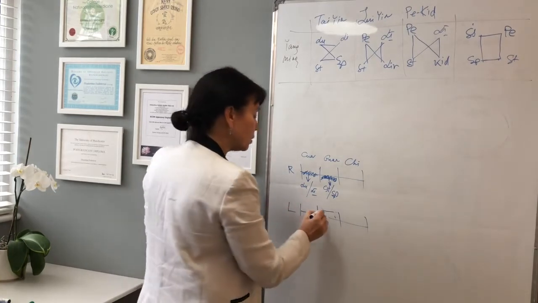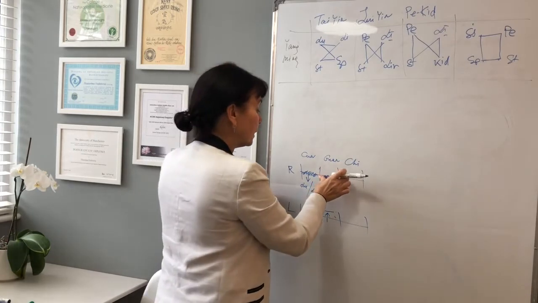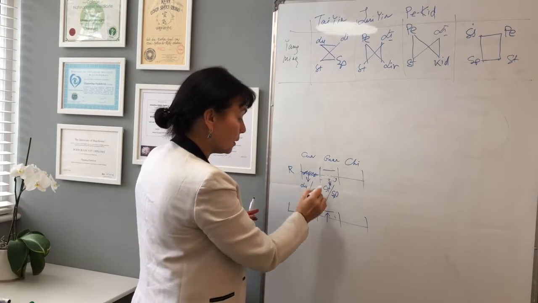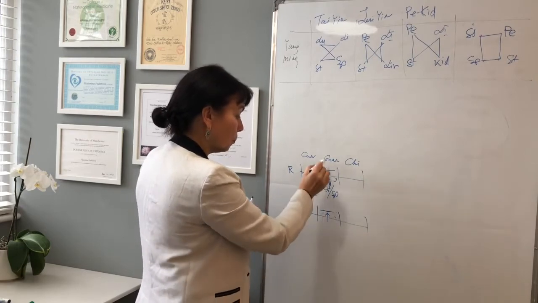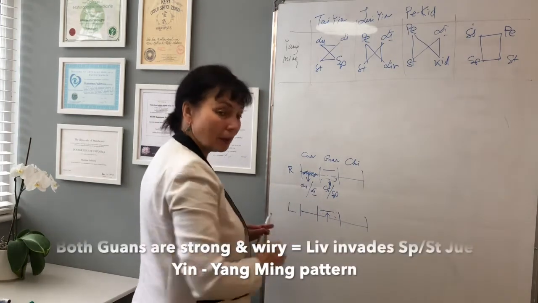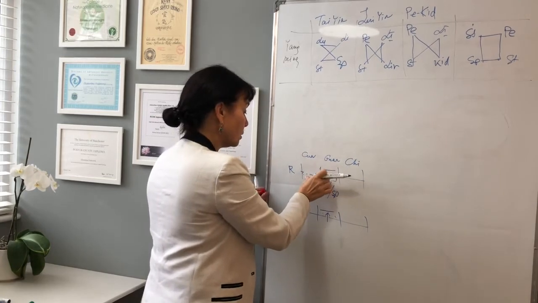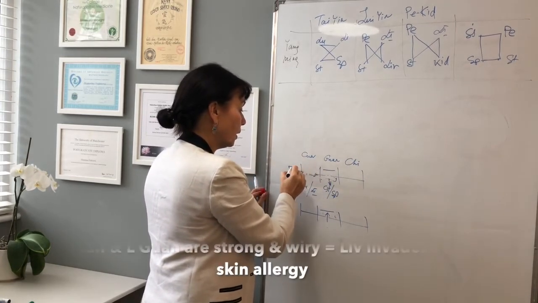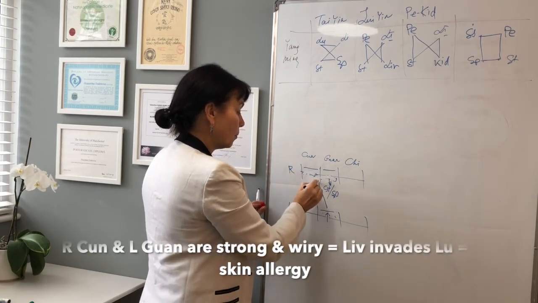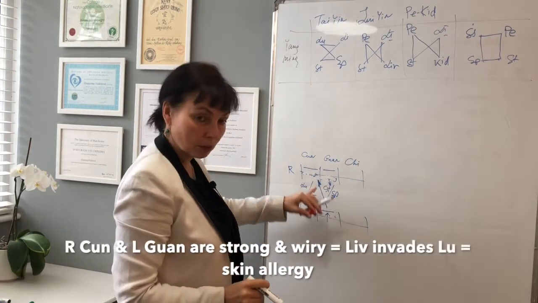But sometimes it's too wiry and strong. For example, if these 2 pulses are wiry, left both Guans, we usually say that liver invades spleen. But if the lung pulse is wiry, if the right Cun is wiry, we usually say that liver invades lung. This is the skin condition pulse.